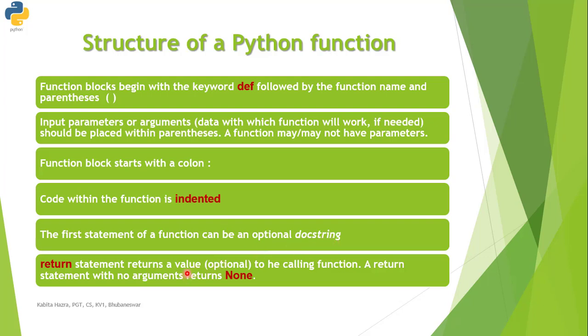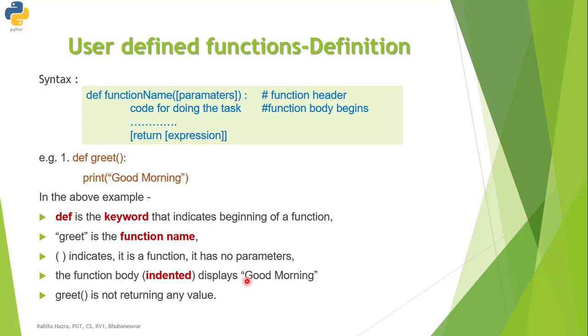A function may return some result, and in that case that should be done using a return statement. If it is not returning any value, then by default a Python function returns the special None value. So this is how a function looks like, and here is an example.